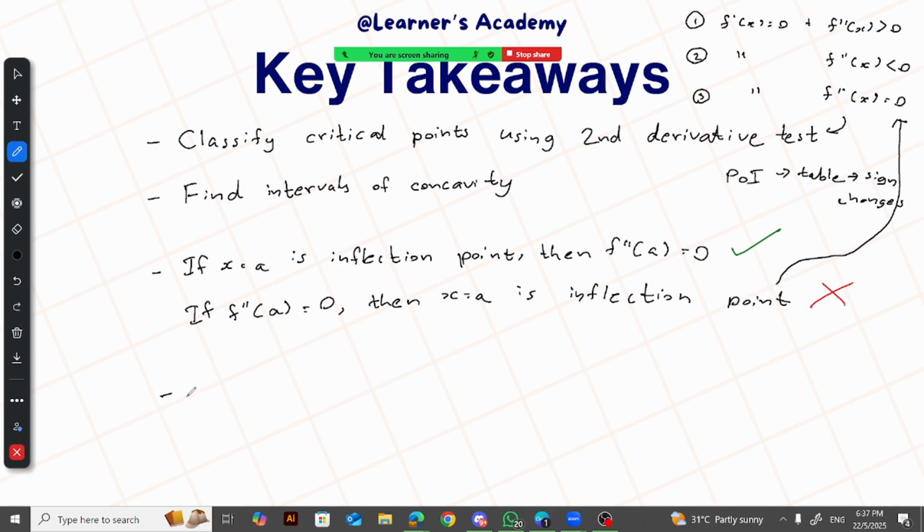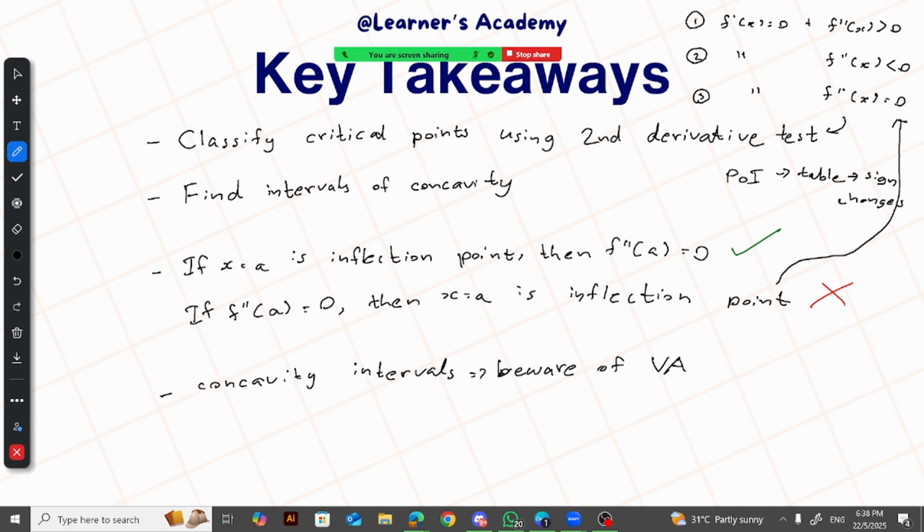And then sometimes, when we write concavity intervals, vertical asymptotes can come into play. So we gotta beware of vertical asymptotes.